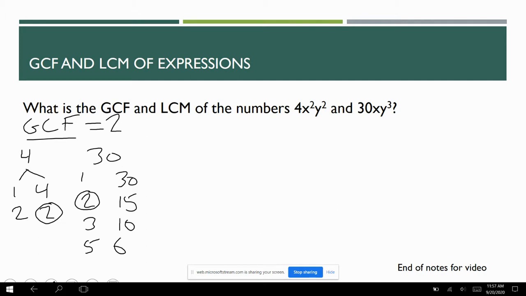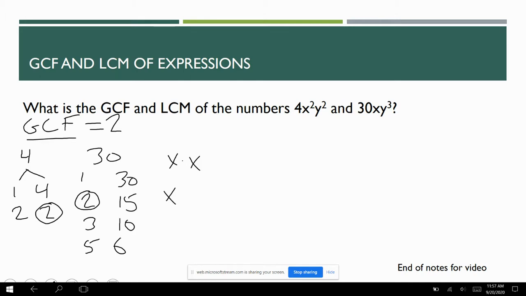Now we can do the same thing with x and y. So the greatest common factor. If we're looking at the common factors of x squared, we have an x times x. But for x, our greatest common factor is x.